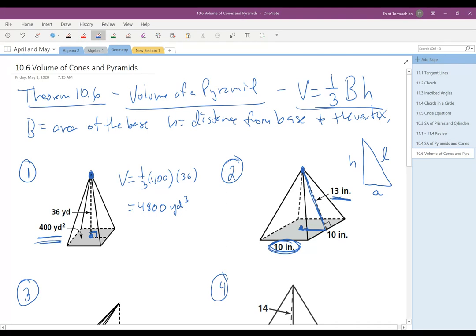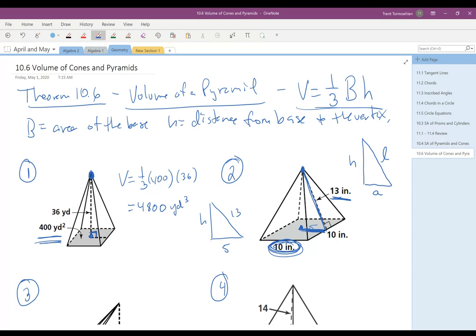So in this particular problem, you have a 5 for the apothem. That comes from taking half of 10, this length right here. And then 13. And so what's the H going to be? Well, use your Pythagorean theorem, use your Pythagorean triples, and you can find that H is 12.